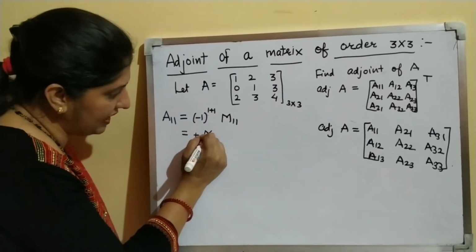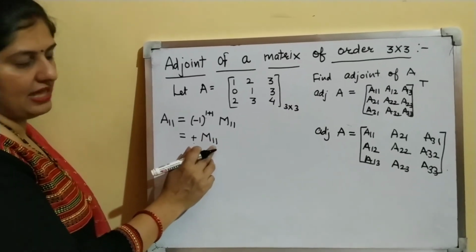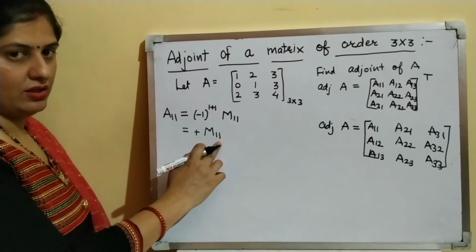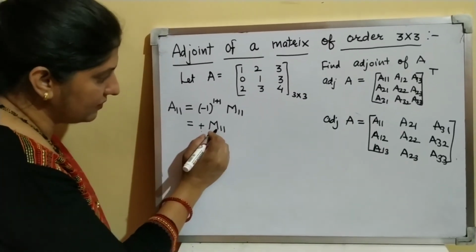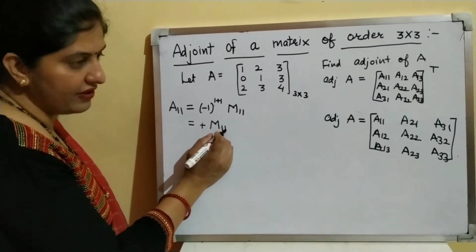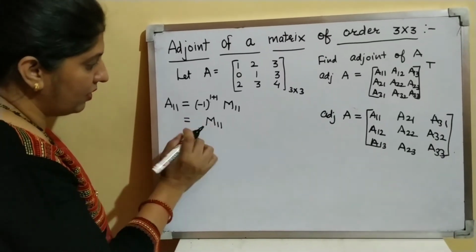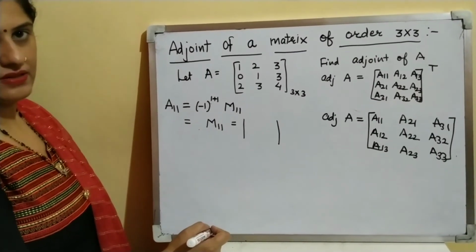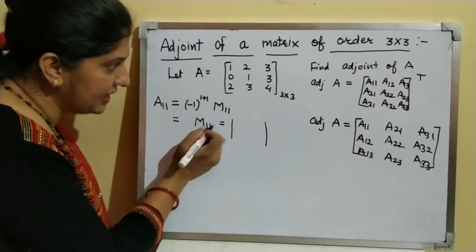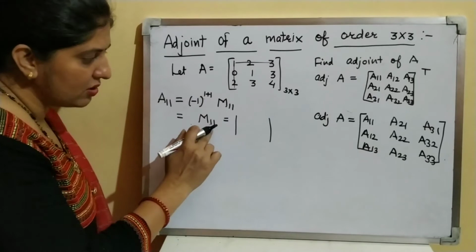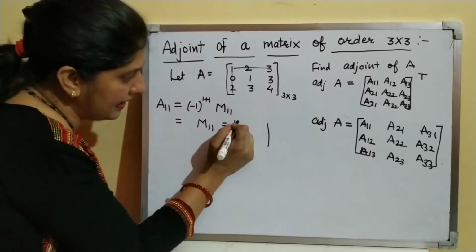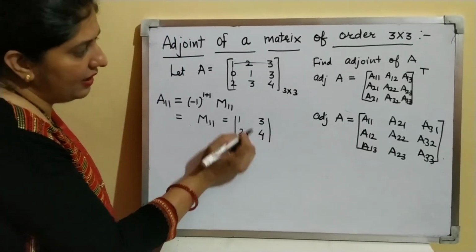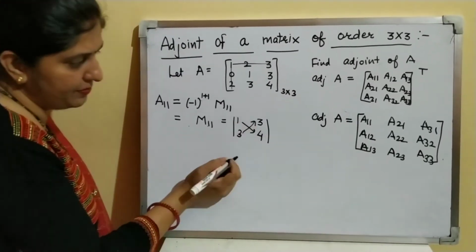So capital A11 is equal to capital M11, the minor of the element which belongs to the first row and first column. And we know that the minor is the determinant of the matrix formed just by deleting the first row and first column. Write all other entries as they are and just find the determinant.